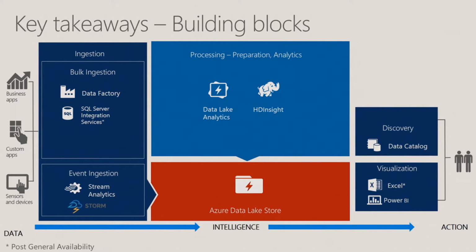So for the last 20 odd minutes, what I've talked about, if you want to go back and just take away what are the key building blocks, these are the ones that we talked about. This is, again, out of the box. So these are the key things that will just work. There are other tools also that are available, like offline transfer of data. While we stressed the fact that we can bring in data at gigabytes per second, not all scenarios can be satisfied that way. You won't even have connectivity in some cases.